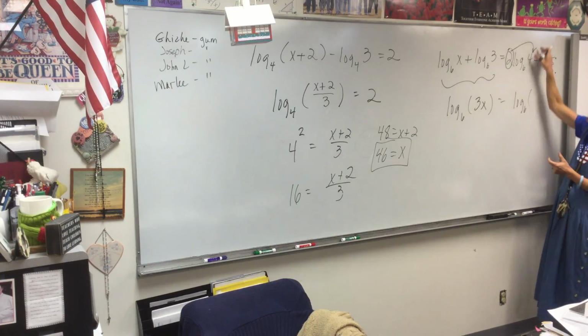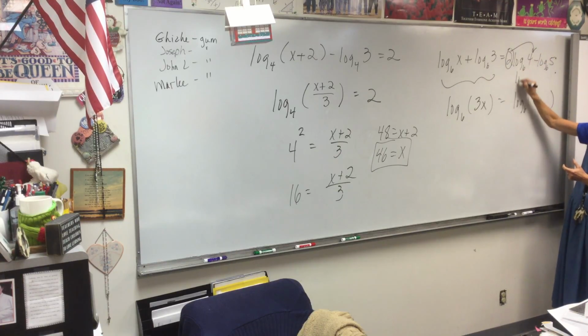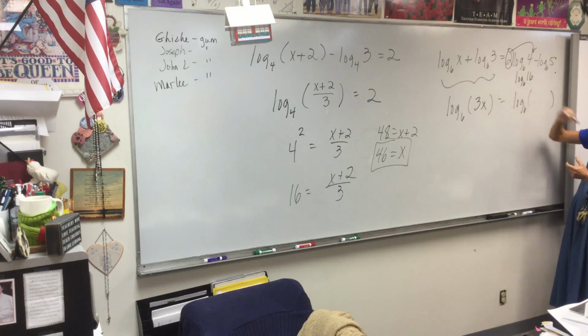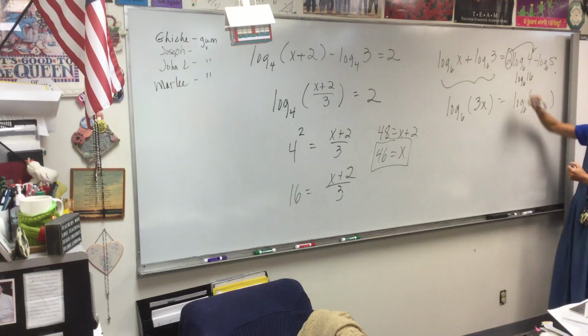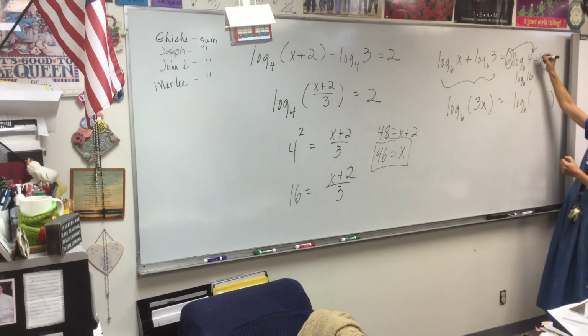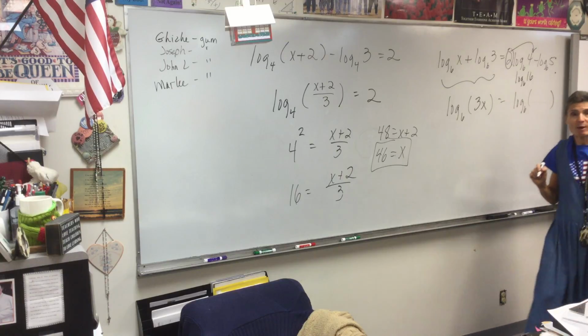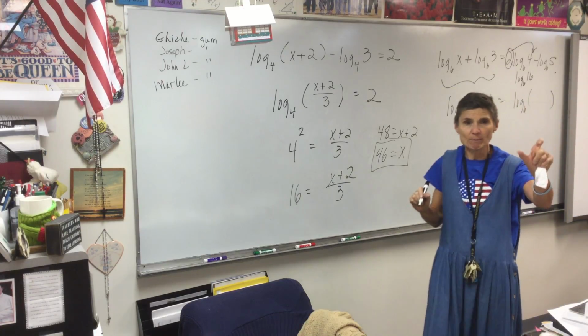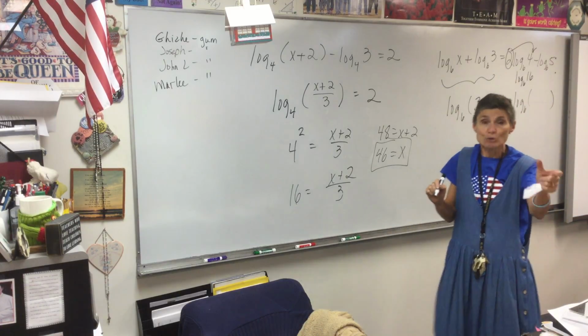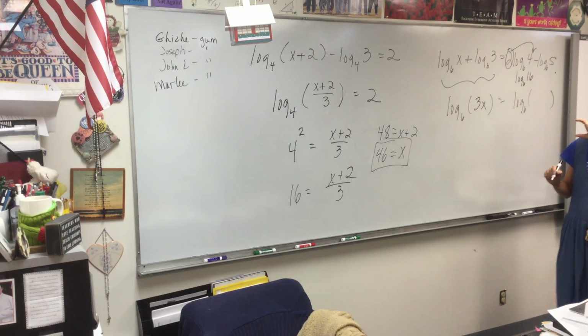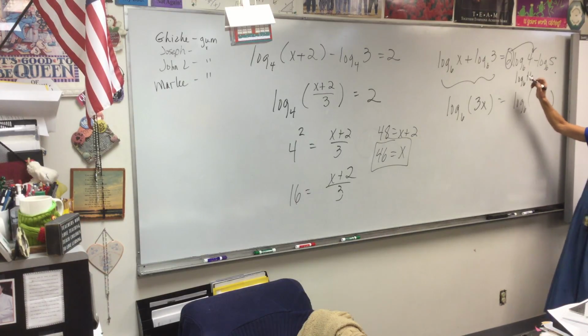So that becomes the log base 6 of 4 squared, which is 16. So this 2 goes back into its exponent location. Anytime you have a number out in front of a logarithm, it represents an exponent. So you can put it back as an exponent, which is what I need to do.